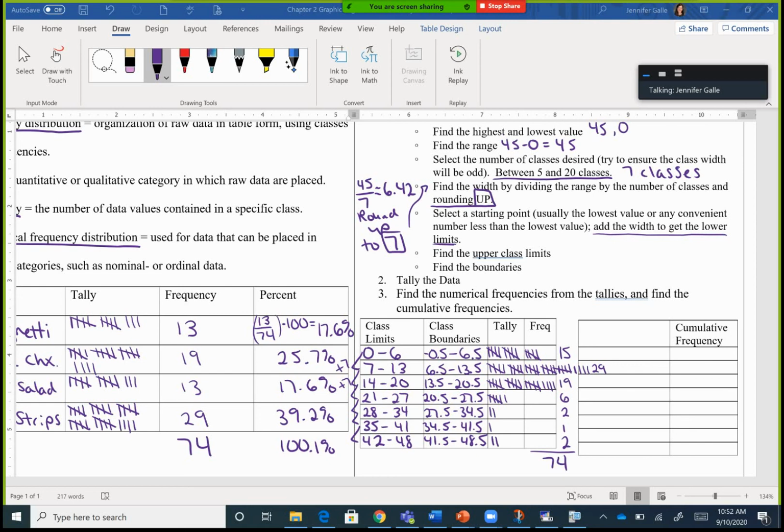we are going to have in that left column our upper boundaries. Our first lower one, so we're going to go less than negative 0.5.